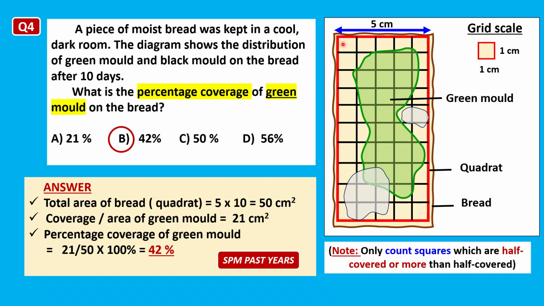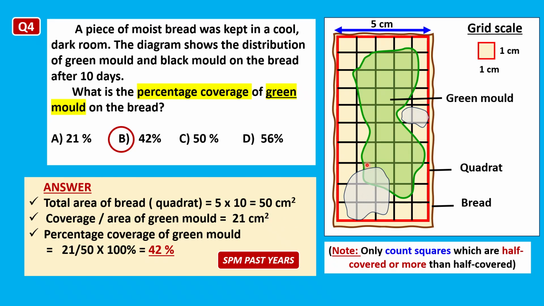You count the number of squares here, because one side of the square here is 1 cm in length. So 1, 2, 3, and so forth. You count, there will be 10 squares here. Okay, so that's 10 cm. So the total area of bread is 5 times 10 equals 50 cm squared.